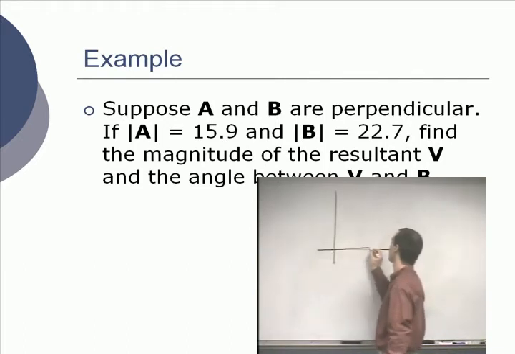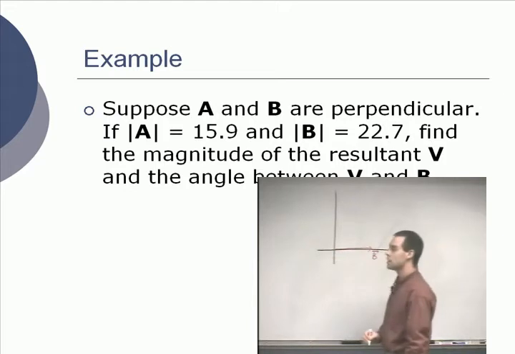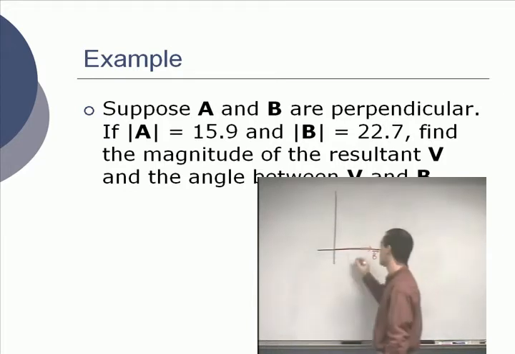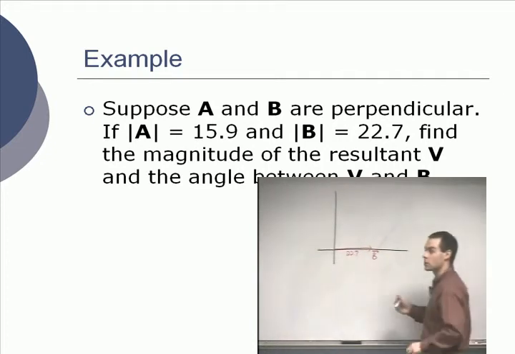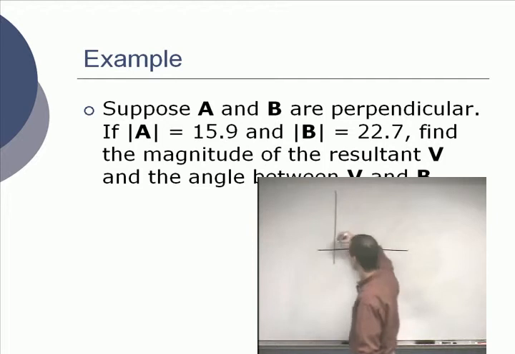So we're going to put B with a magnitude of 22.7. A is a little shorter. It has a magnitude of 15.9.